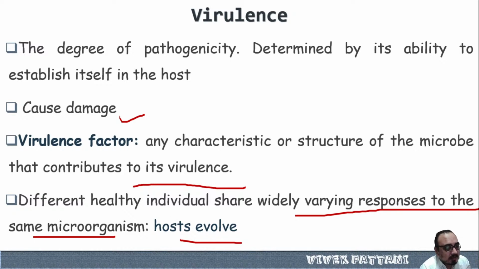Okay, Bacillus anthracis, you all know, it's an organism responsible for anthrax. It's a pathogen which causes anthrax in human beings. Bacillus anthracis can produce different forms of the disease depending on the route of transmission.